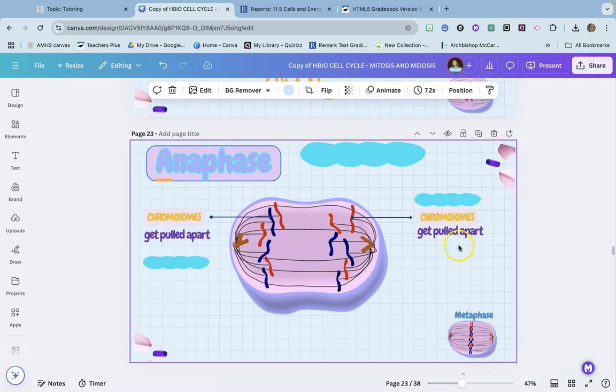I don't know why I put that on both ends, but chromosomes get pulled apart because we got chromosomes on both ends. It could say pieces of chromosomes or chromatid. It doesn't matter. They're getting pulled apart. They were together all down the center of the cell or down the equator of the cell during metaphase for middle. And then they get pulled away or apart. So you could put away or apart for anaphase.